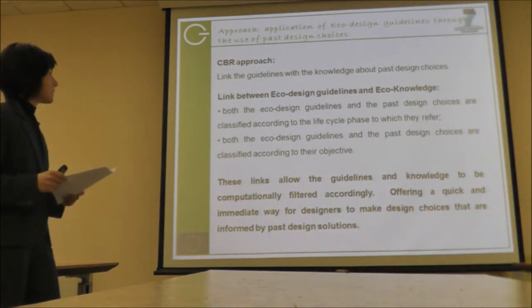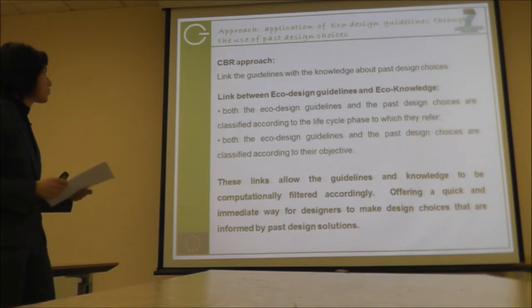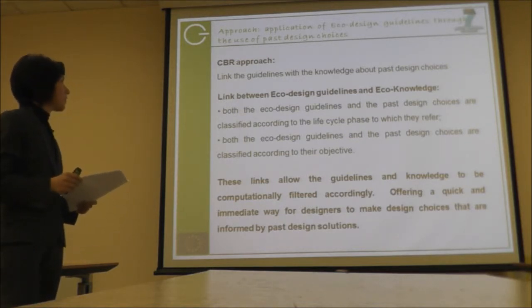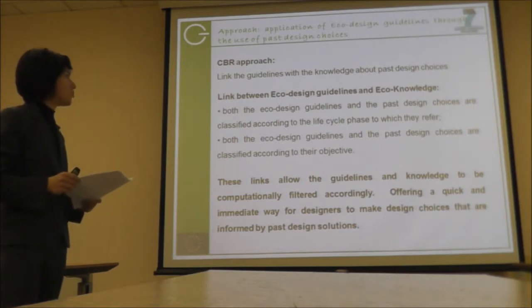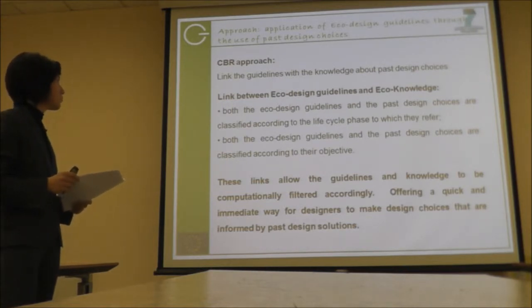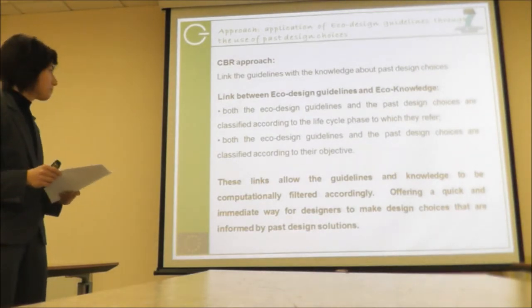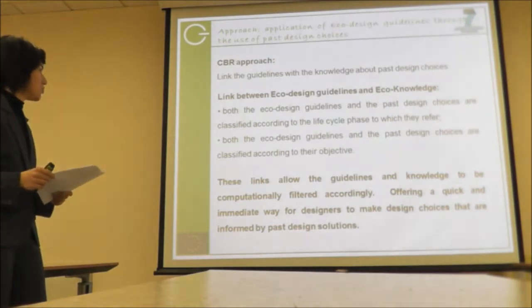We have classified the knowledge and the eco-design guidelines in order to link them to each other. In particular, both eco-design guidelines and past design choices are related to the same attributes, that are the life cycle phase and the objective they allow to reach.